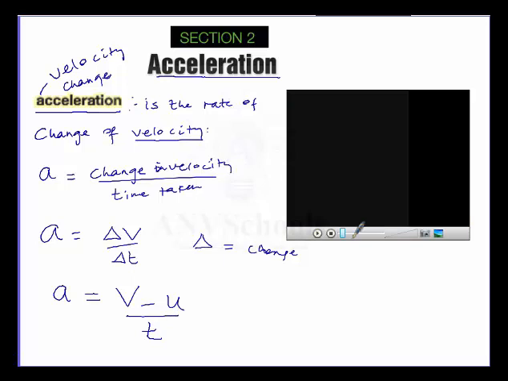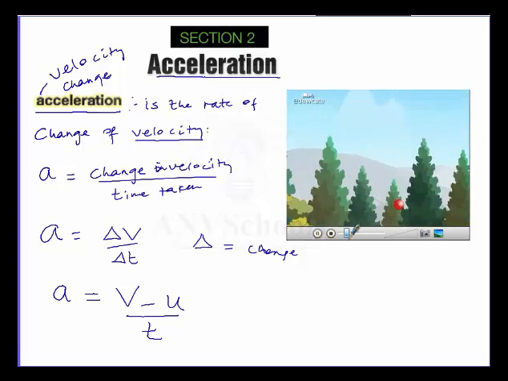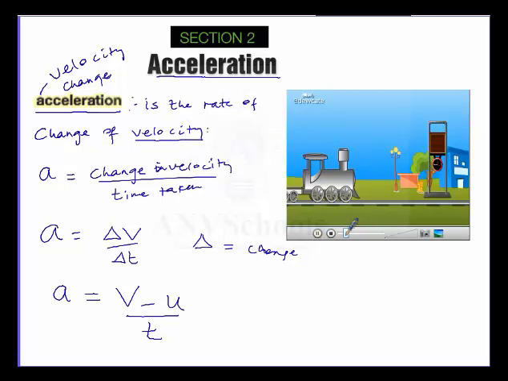As you can see here, in this particular case the train is changing its velocity. For example, when the train starts its motion, it is initially at rest, or the initial speed of the train is 0.